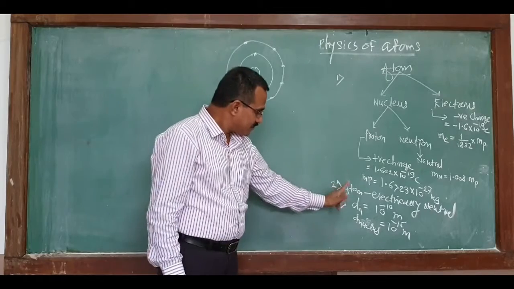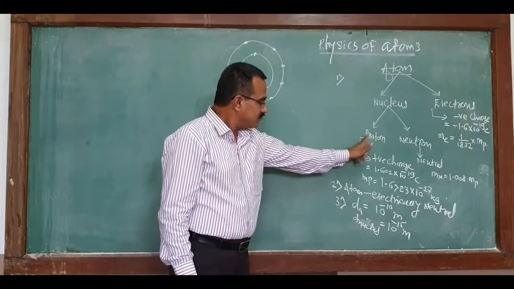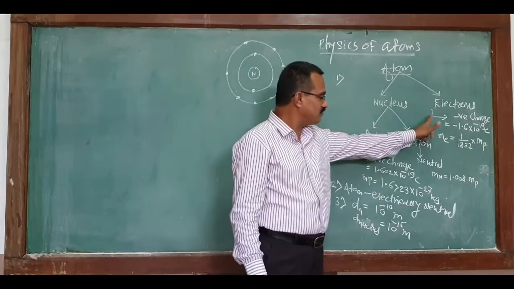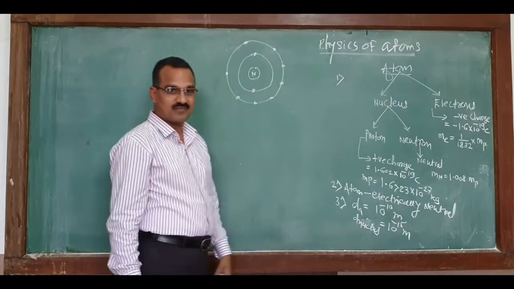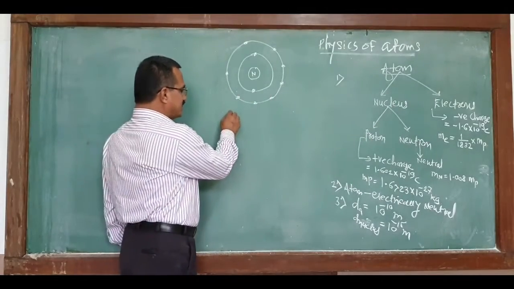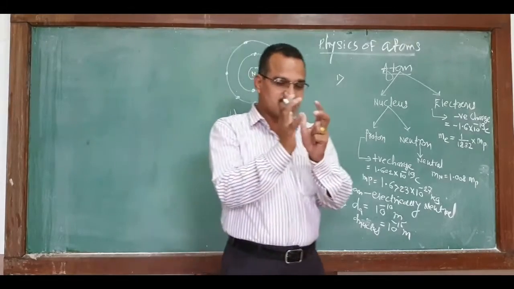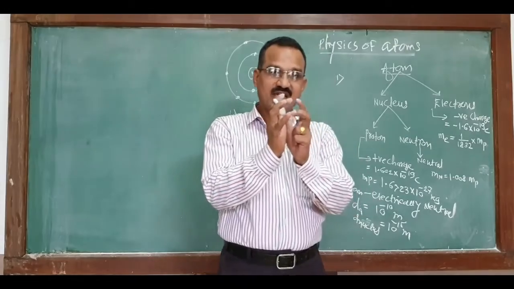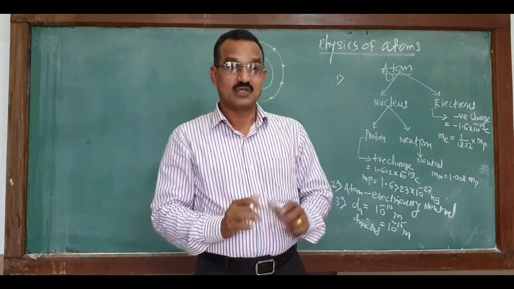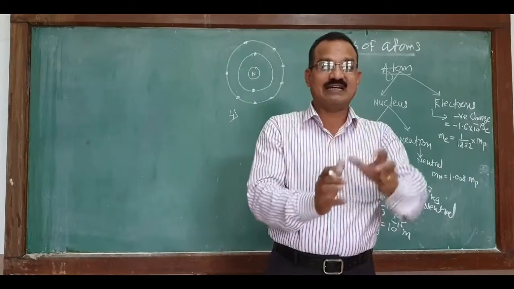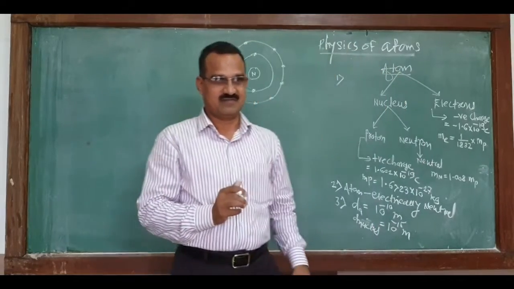See here, mass of the proton is very large as compared to the mass of the electron, and that's why total mass as well as total positive charge is supposed to be concentrated within the nucleus.